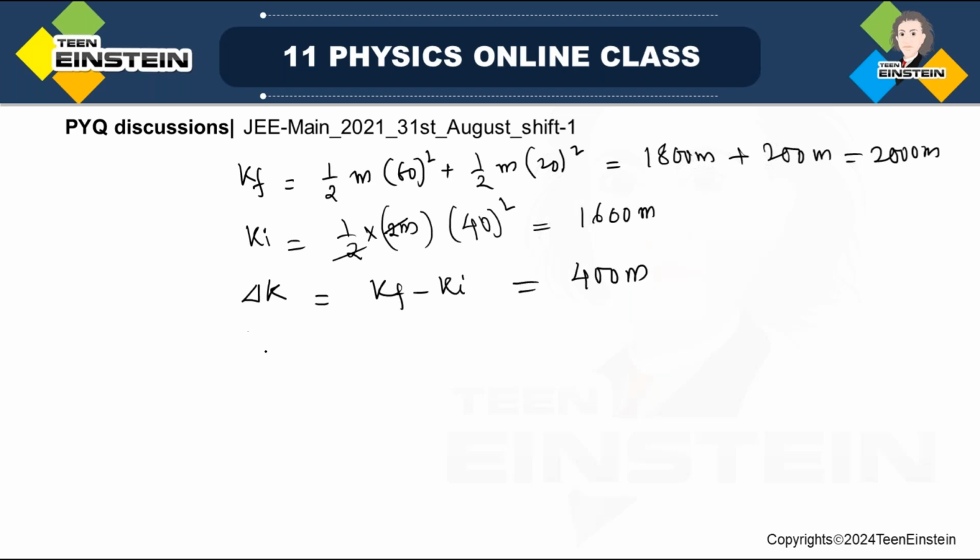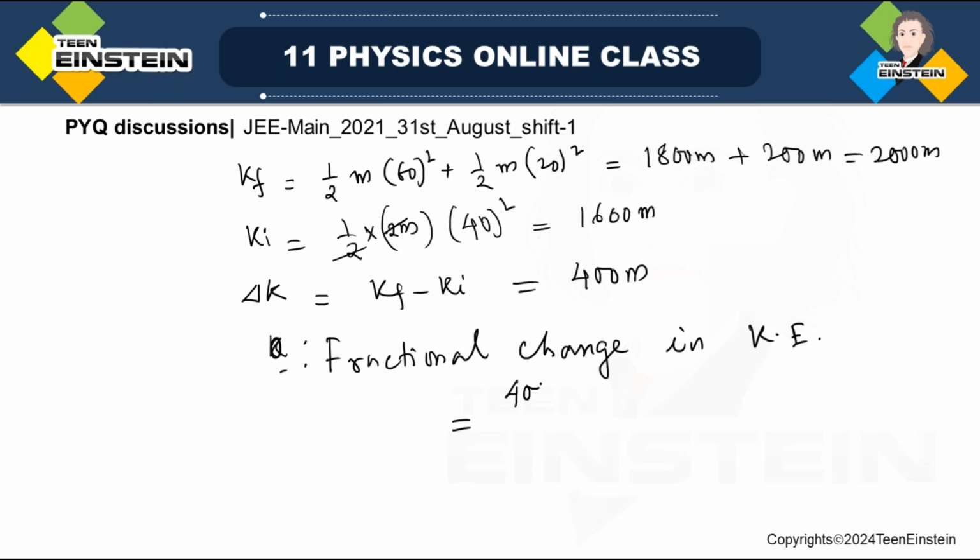We know the initial one, so we will get the fractional change. Fractional change in kinetic energy is equal to 400m by 1600m, that is the initial one.